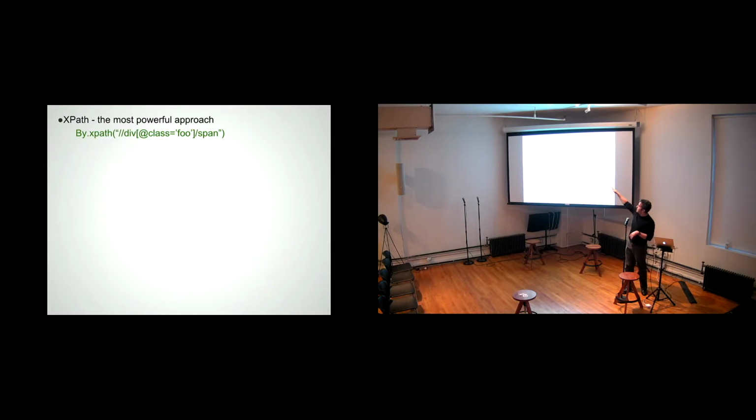That means go somewhere inside my DOM, that's the //, find div, with the condition that the attribute class equals foo, and inside it, find span, and that will return the span. So, what do you think about that? Is this good? Selenium people, is this good? Why is it not good?